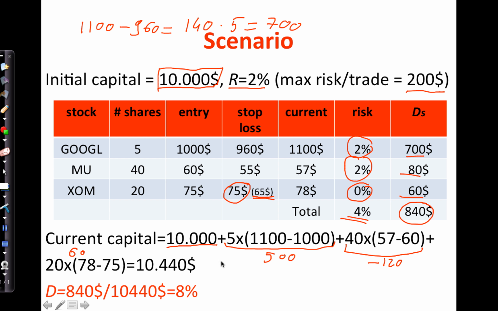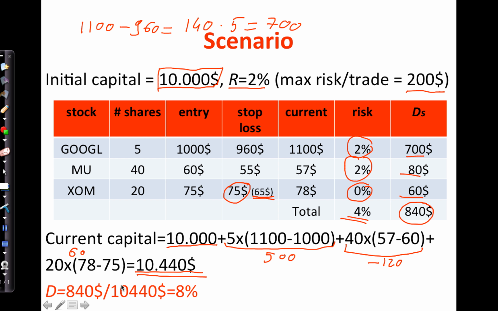So if you sum up everything, you find out that our current capital, the net liquid value, is 10,440. Okay? This is what we have now if we close all the positions at the current price.